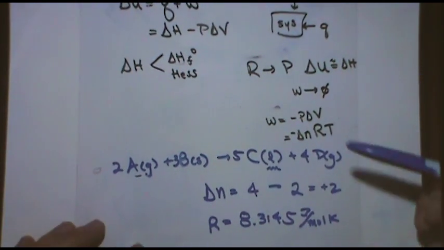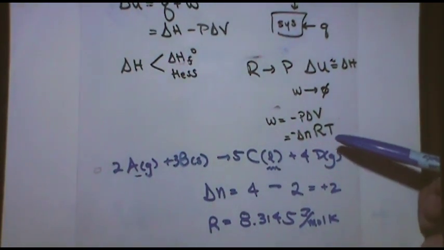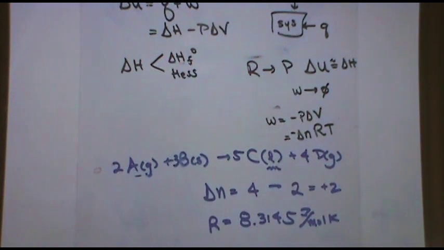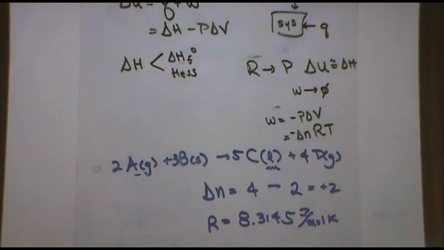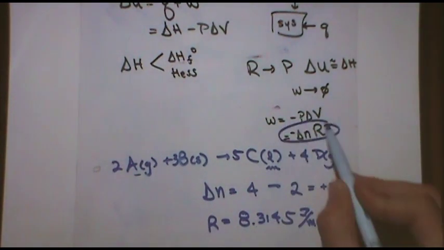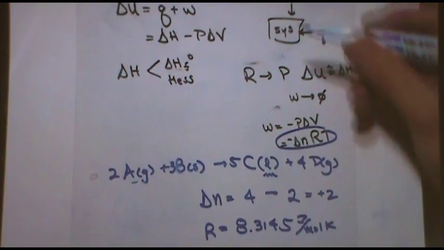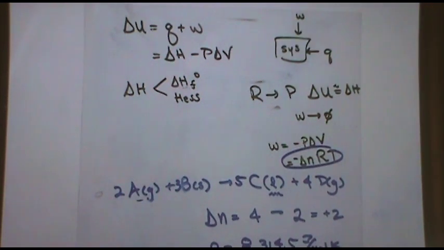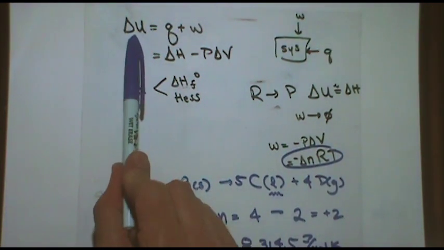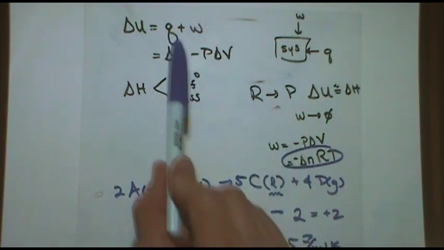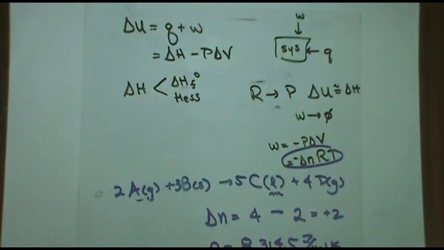Okay, so if the work term was relevant, that would mean something about the work would be mentioned, and you do a calculation like this one right here, and you put that into the W part of the calculation. If it's something like that, delta U would be given, you'd find W, and then you'd solve for Q, which would be delta H. Okay, so that's a different style of problem. Otherwise, it just goes straight in.